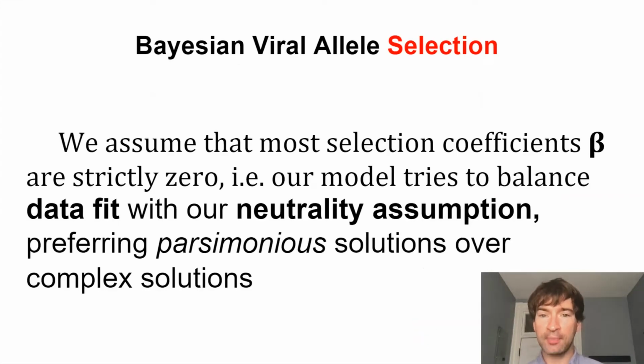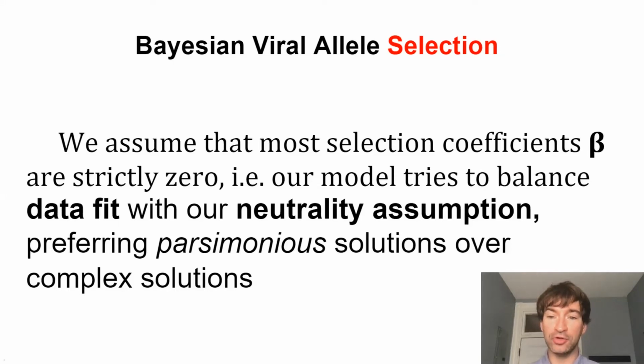Okay, so just quickly wrapping up on this modeling and inference technique, the fourth word in our technique is selection, Bayesian viral allele selection. And this word choice refers to a set of techniques called Bayesian variable selection, which is just a way of imposing sparsity in our selection coefficients beta, right?